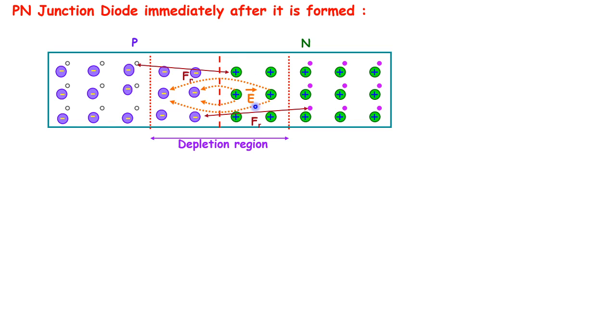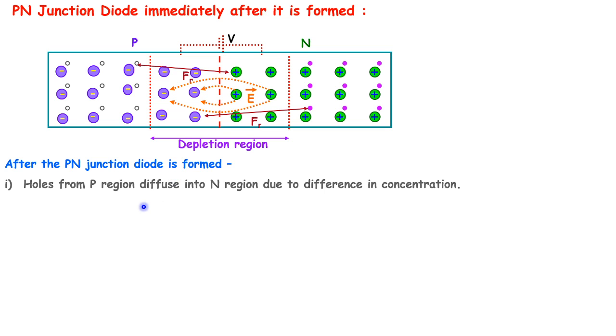This positive charge is like a positive terminal of a battery and this negative charge is like the negative terminal of that battery. So this forms a voltage, and this voltage is the potential voltage of the PN junction. Now after the PN junction diode is formed, these are the points we have to remember. Holes from the P region diffuse to the N region due to the difference in concentration.